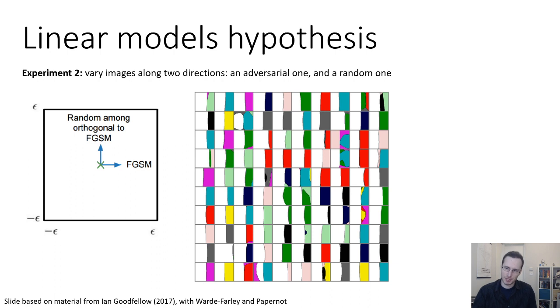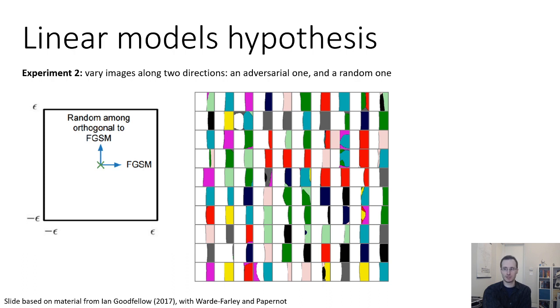Here's another example. This is a little bit more difficult to understand, but I'll do my best to describe what this is visualizing. Here, the authors of this study, this is from Ian Goodfellow, David Warde-Farley, and Nicolas Papernot, the researchers constructed an adversarial direction for a large set of CIFAR10 images.